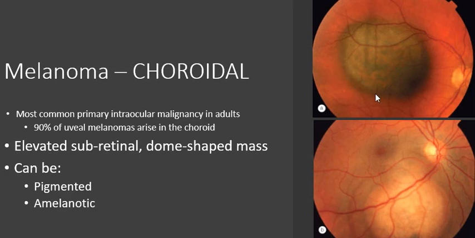So here is a pigmented choroidal melanoma, and it looks elevated because it's pushing these retinal vessels and distorting them. The melanoma down here is what we call amelanotic, and that's where it's not pigmented, and it's dome shaped again, and it's just like a little ball pushing the retina upwards.